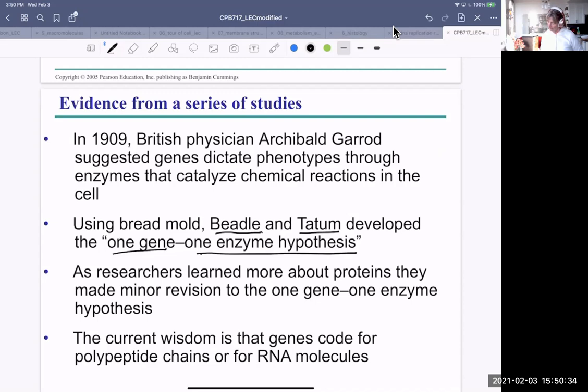That's because there's a minor revision to the one gene, one enzyme hypothesis, which is that genes code for polypeptide chains and for RNA molecules. And one sequence of DNA codes for more than one polypeptide. I'm going to write that in, for more than one polypeptide chain.